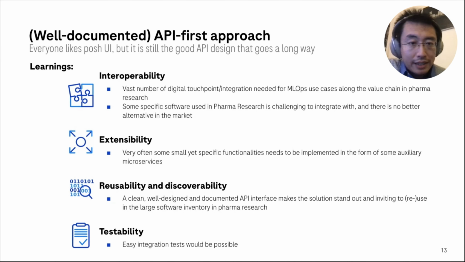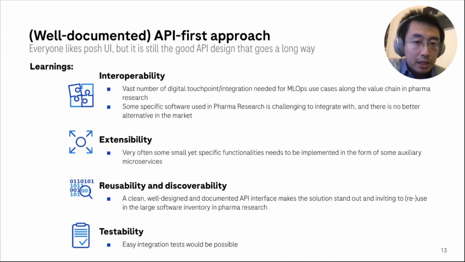Second is about extensibility. So no MLOps solution is tasked to solve all the problems in an enterprise, right? You will want to have a good API interface for your MLOps solution so that it can nurture some easy implementation of auxiliary microservices to fulfill certain small yet specific needs. Third is about reusability and discoverability.